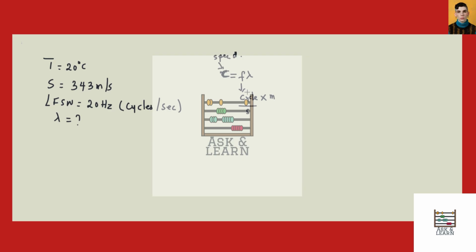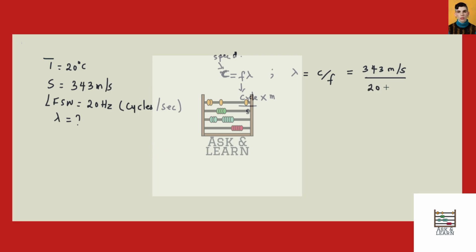Then we can calculate the wavelength by making lambda the subject of the formula. So lambda is equal to c over f, right? The speed that we are given is 343 meters per second, and the frequency is 20 hertz, which is 20 cycles per second.